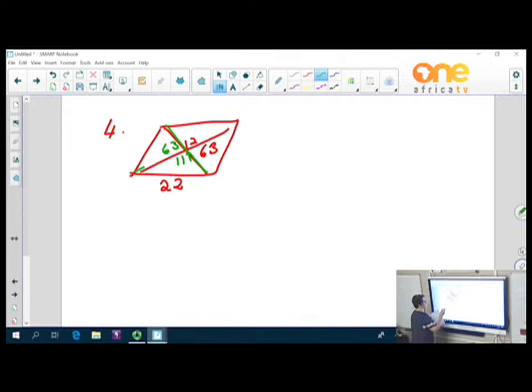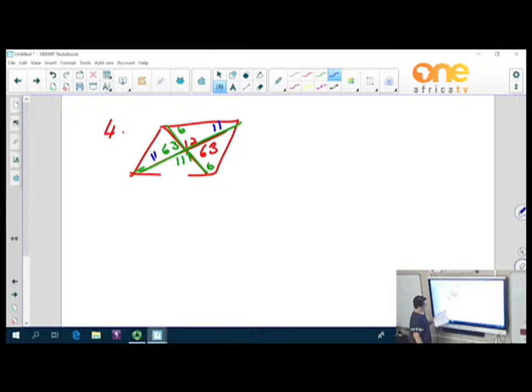Now, what we know is that these diagonals intersect, so that is then a half of that one, which means this part here will be 6, and that part there will also be 6. That's a fact of a parallelogram which we may use there. Actually this is not the one which is 22, but this one is 22. So it means that half of 22 will then be 11 and 11 on each side there.